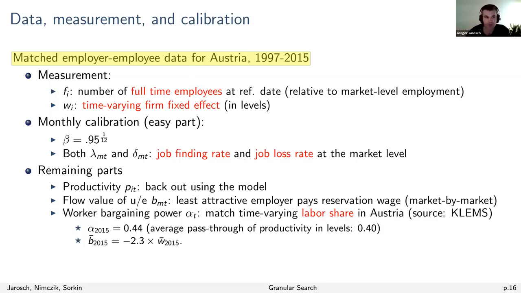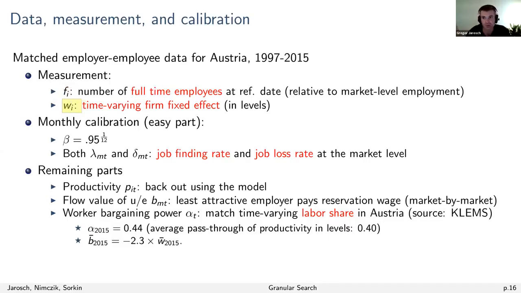Let me just briefly run through how we put numbers on the model. So F_i in the model is just size, counting the number of full-time employees. We do this a couple of different ways. Then I need a notion of a firm level wage.